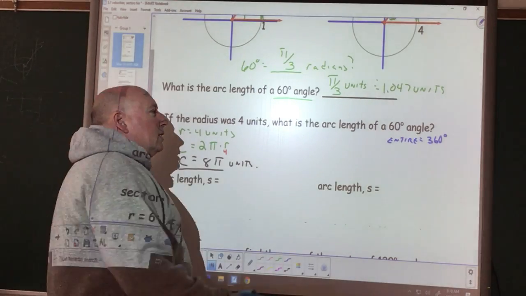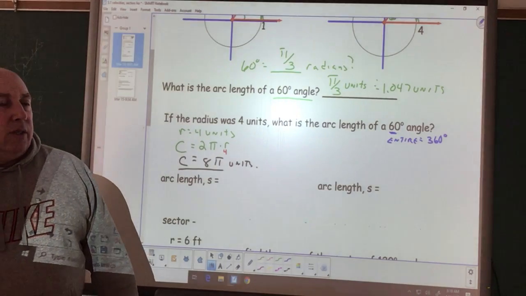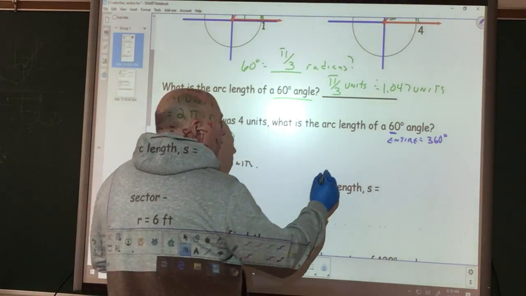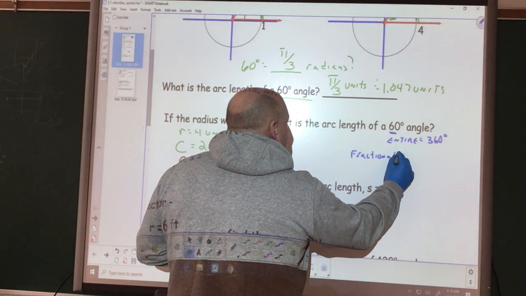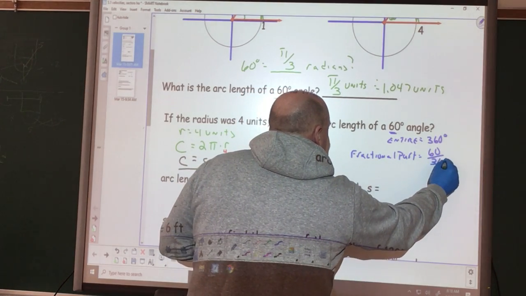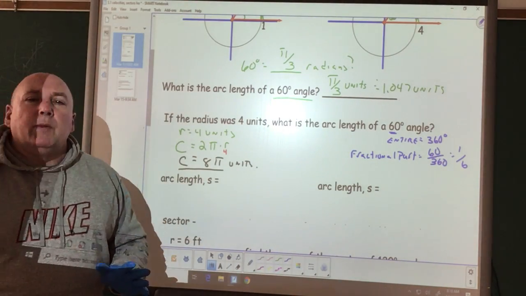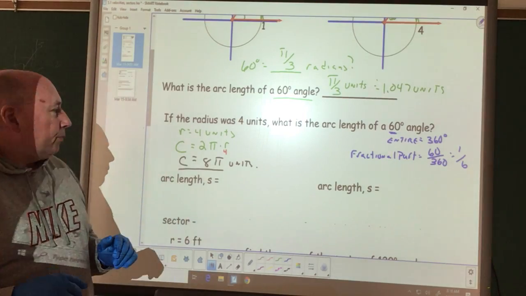We want to just take a look at 60 degrees of that 360 degrees. So what we're looking for is a fractional part of 60 divided by 360, which is 1/6 of the circle. 60 degrees is a total of 1/6 of the circle.